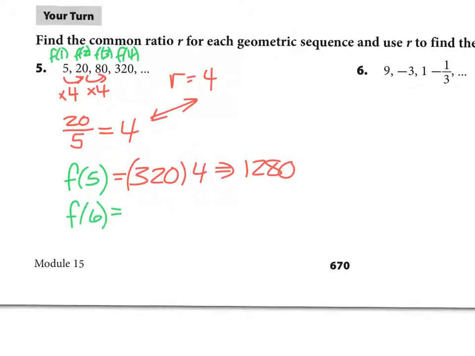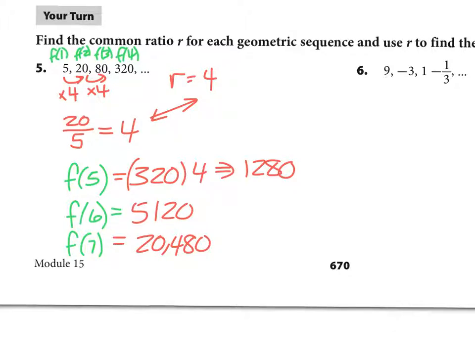Again, we multiply by 4. Here it might be necessary to use a calculator. 1280 times 4 is 5,120. Then you find f of 7, because we're doing the next 3 terms. So 5,120 times 4, and we get 20,480. Not bad, just patterns.